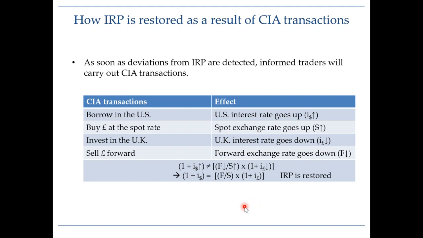So as people take advantage of the fact that interest rate parity was not holding and engage in covered interest arbitrage transactions, those very transactions restore interest rate parity back into equilibrium.